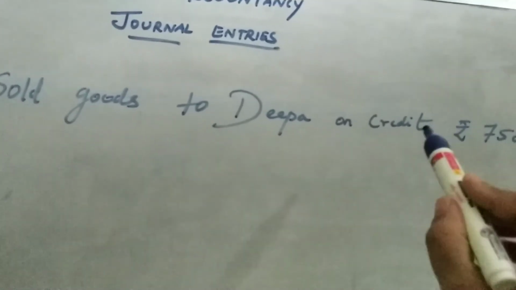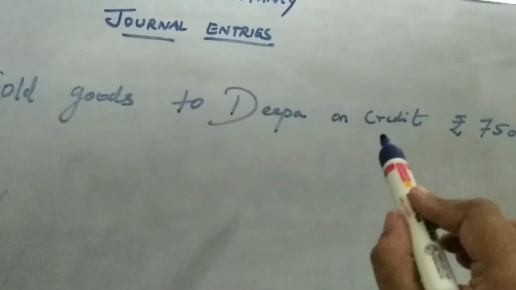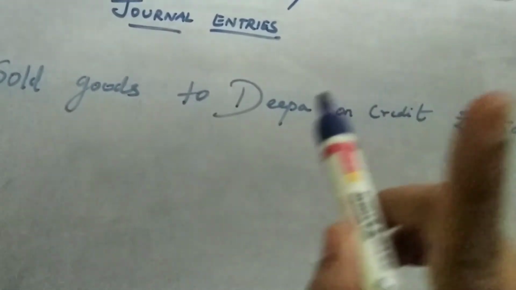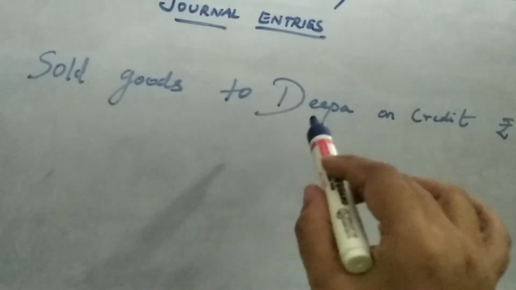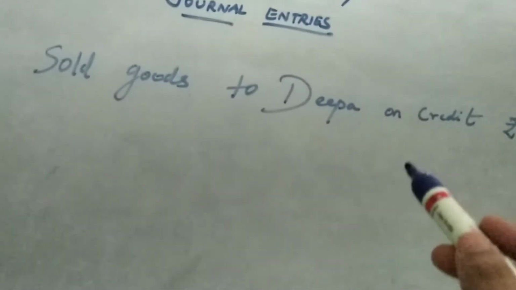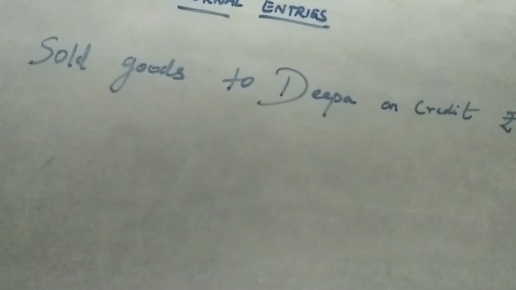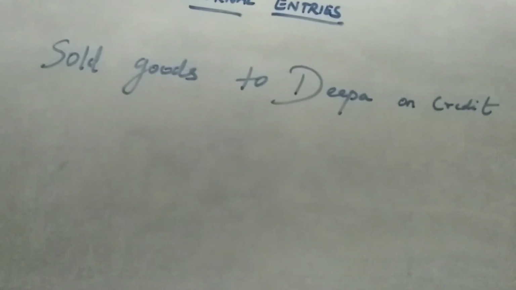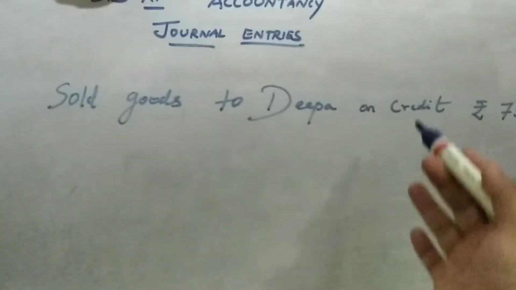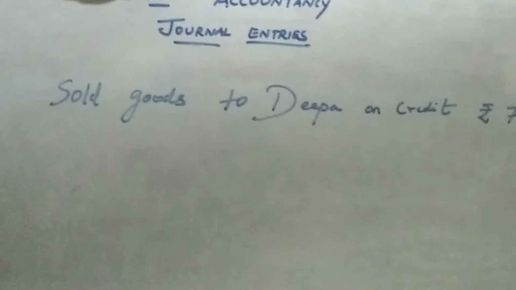Only if we have the word cash mentioned in the transaction is it going to be a cash sale. If just the name of the customer has been given, then it is going to be a credit transaction. Right? So now this transaction is a credit transaction. They have mentioned the word credit, so you need not worry.